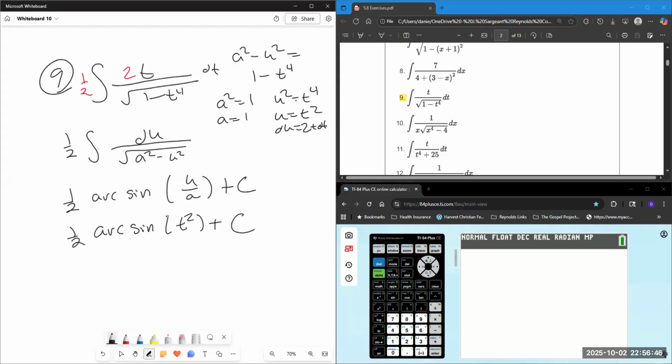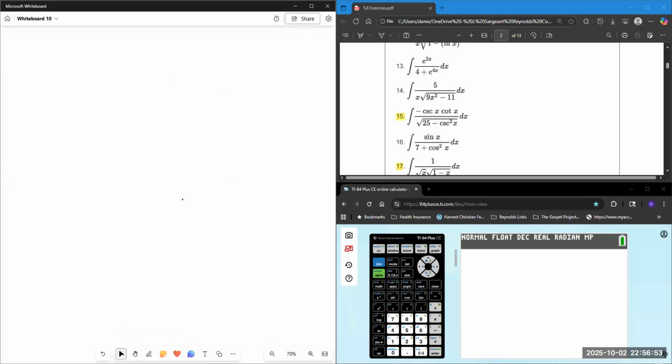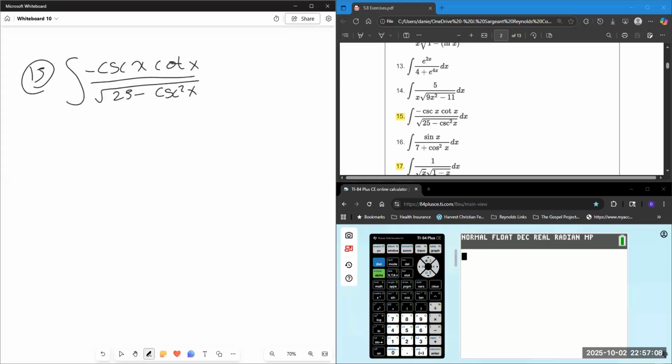Continuing on now to number 15. It says the integral of negative cosecant x cotangent x over root 25 minus cosecant squared x dx.